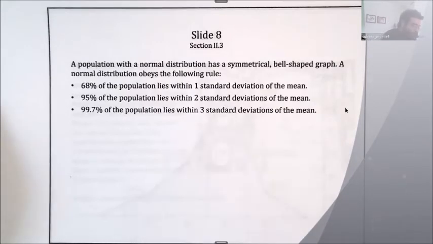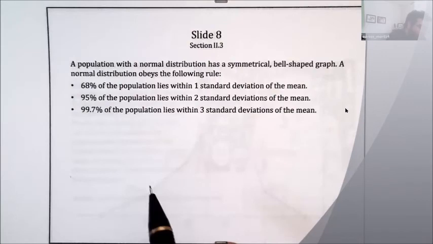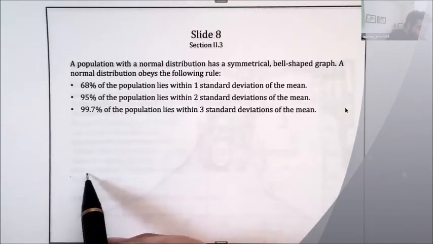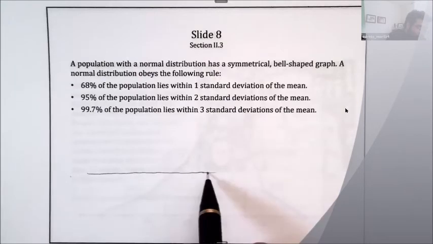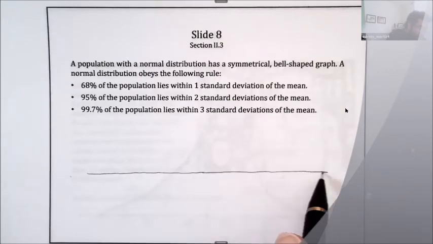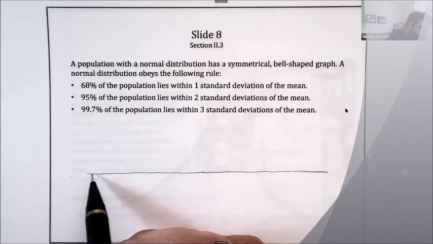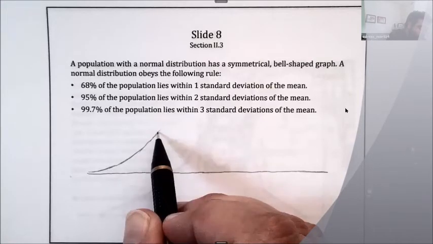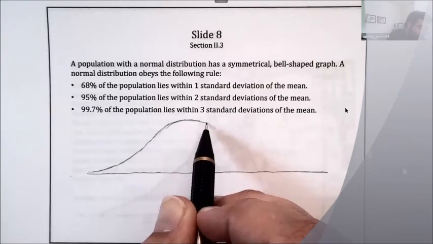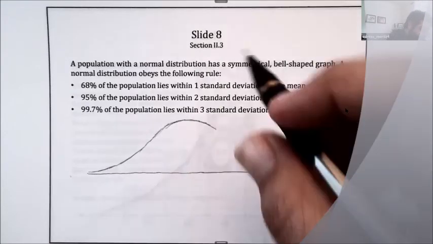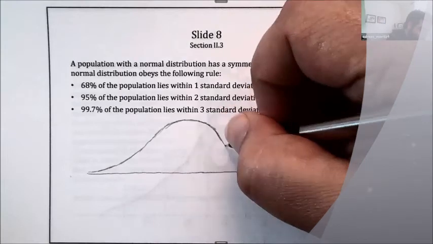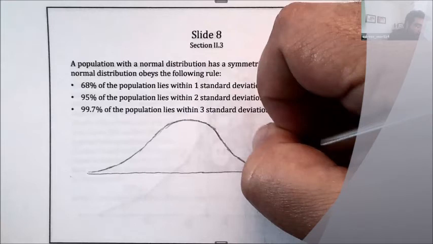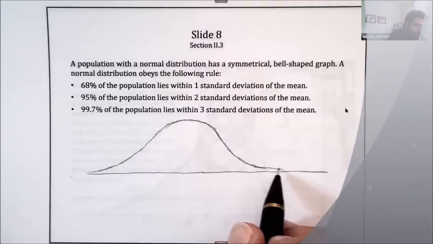So the normal distribution curve is this thing that you might have heard referred to as a bell curve. It's symmetric and has this bell shape. You can look in the textbook for a more accurate portrayal of this.